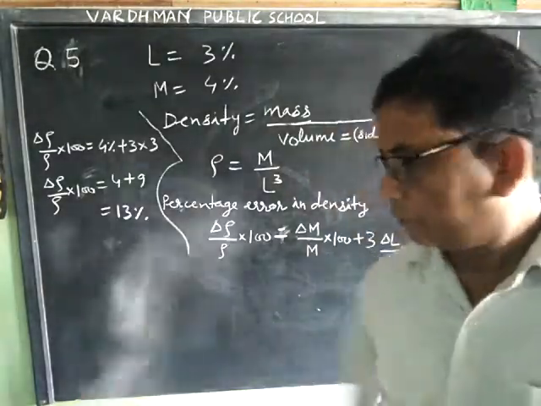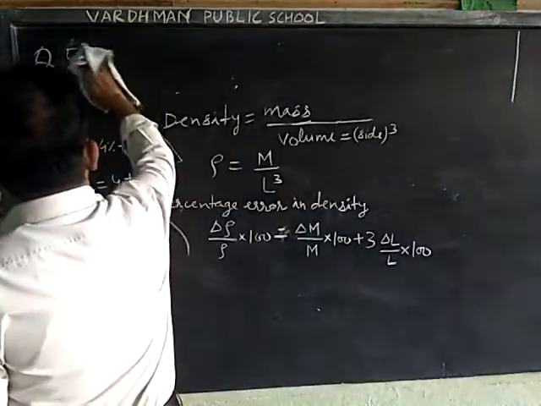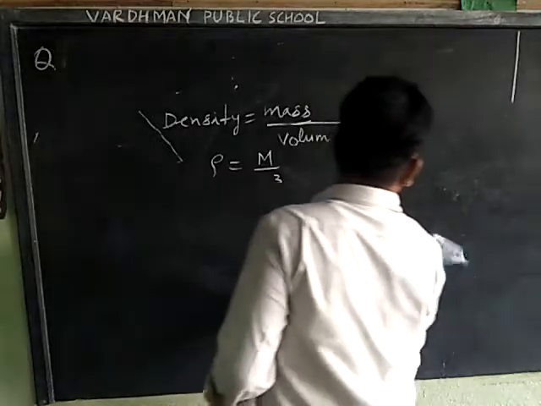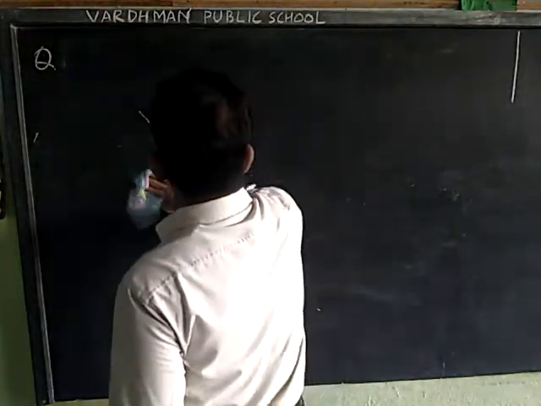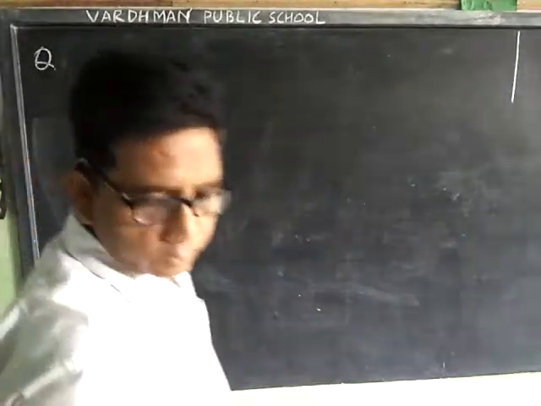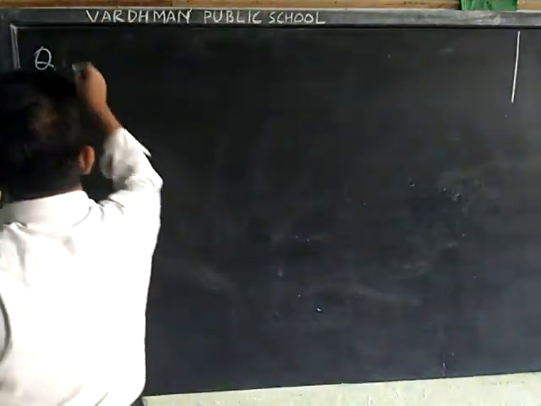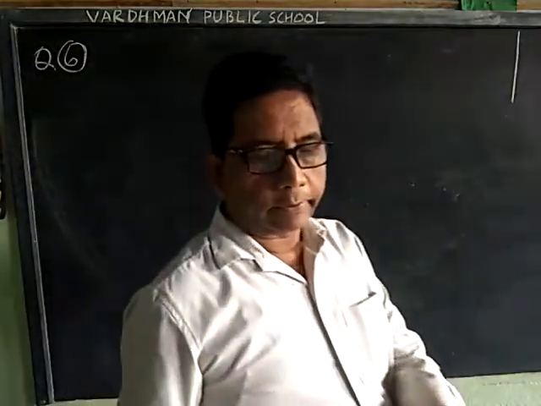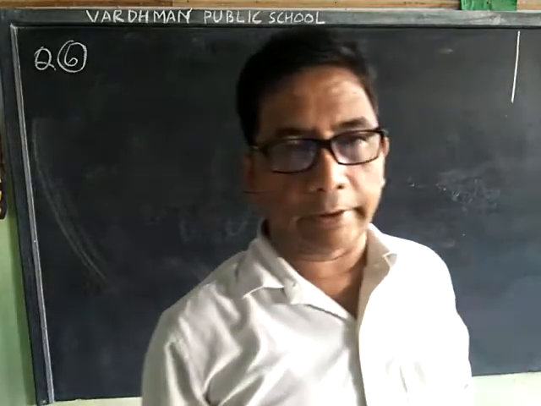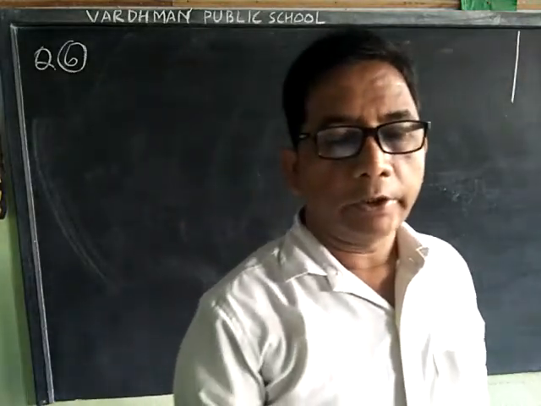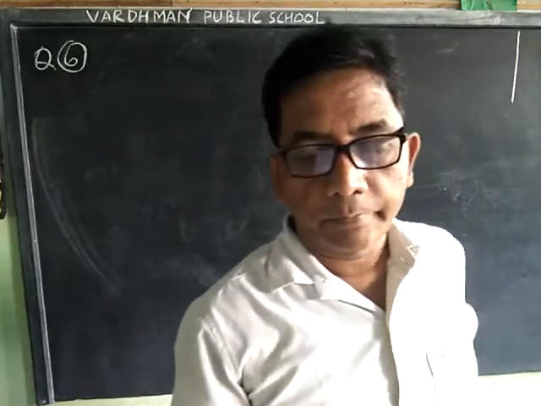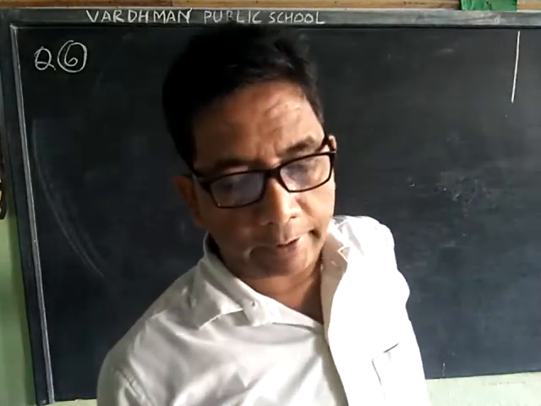Now we will solve the next question, question number 6. The error in the measurement of radius of a sphere is 2%.